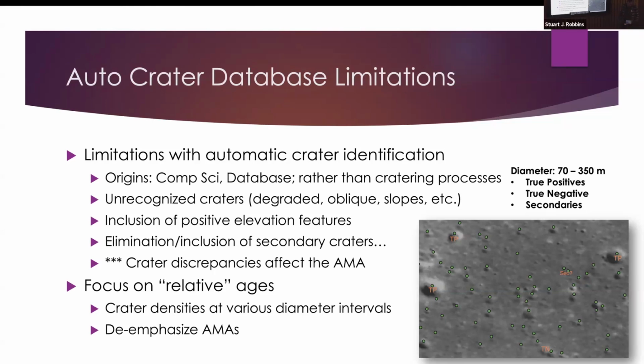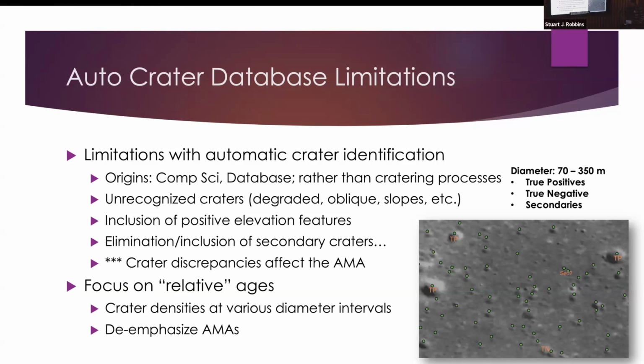We've got a sample here on the right showing true positives, but also some false positives, some possible secondary craters that were identified too. These are all problems we've run into.